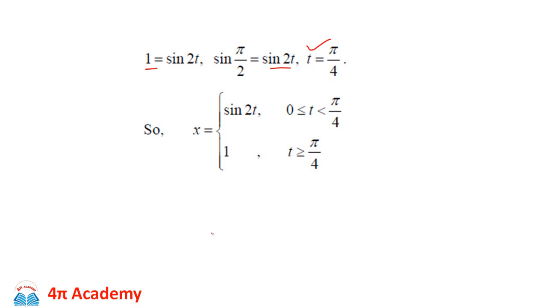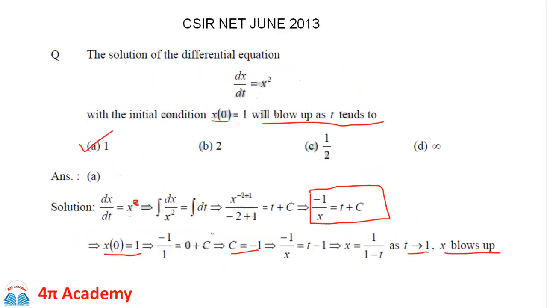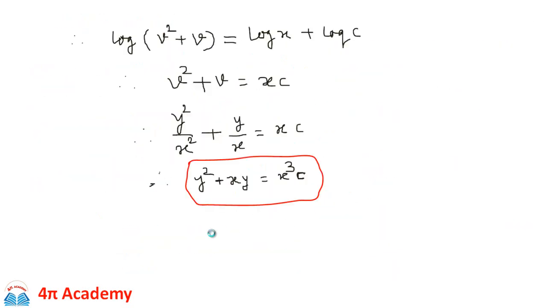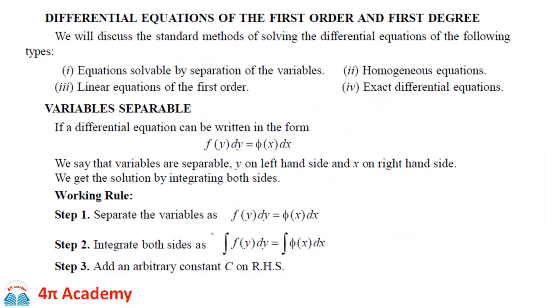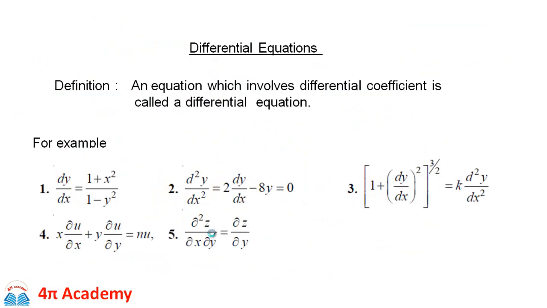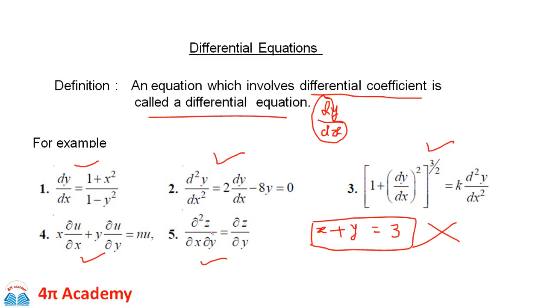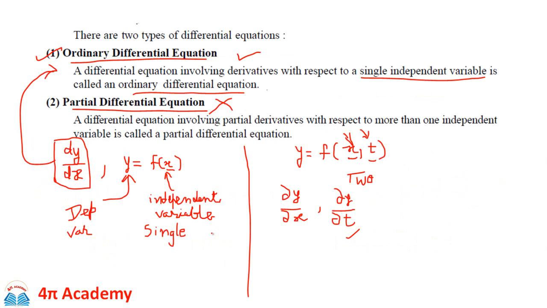So that's it. In this lecture, we have a quick recap of what we have seen. We started with the basic definition of a differential equation, what is meant by a differential equation. Then we saw what is meant by ordinary differential equation and partial differential equation.